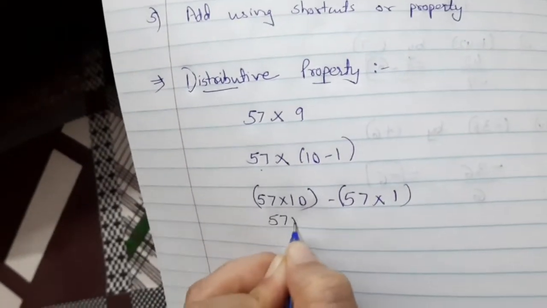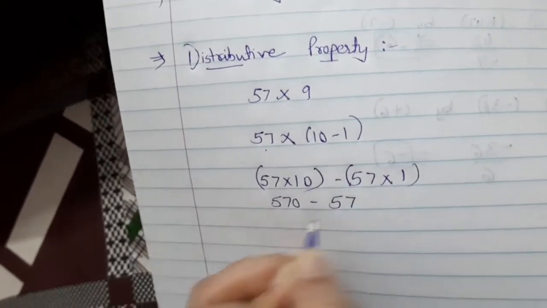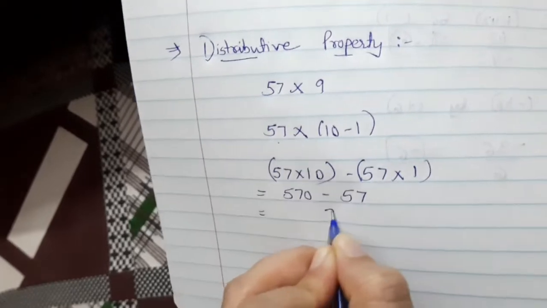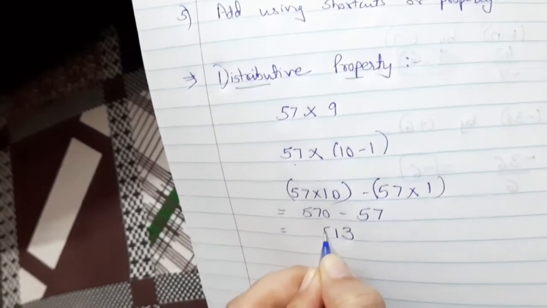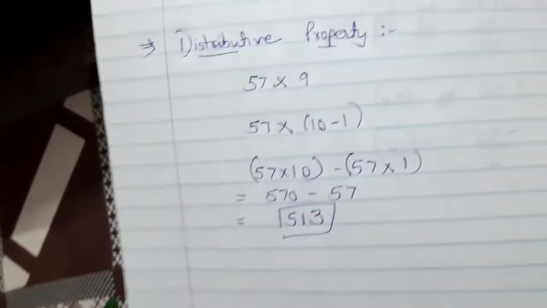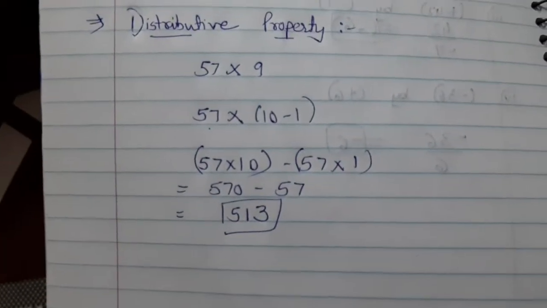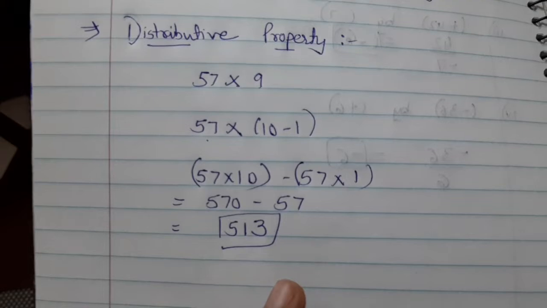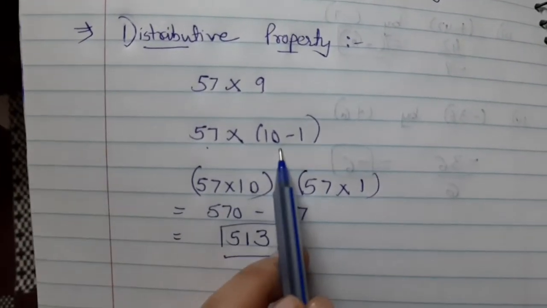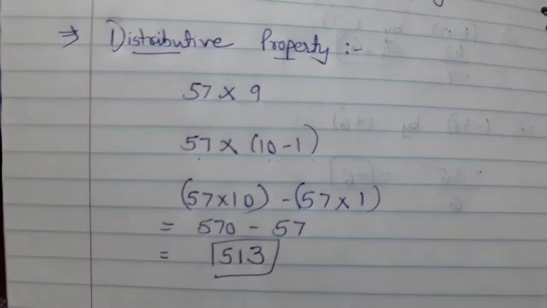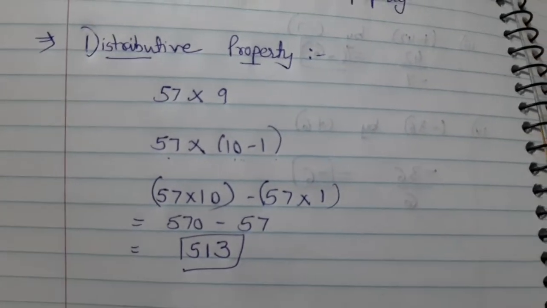So 570 minus 57. So you will get here 513. Understood? So this is the method you are going to do. Distributive means this 57 we have distributed to both of these numbers, that is the distributive method.